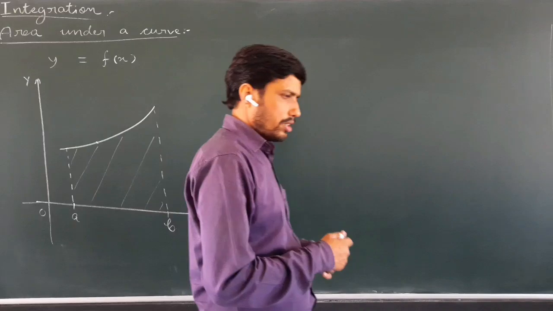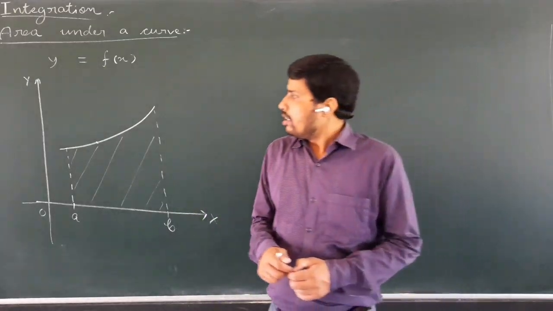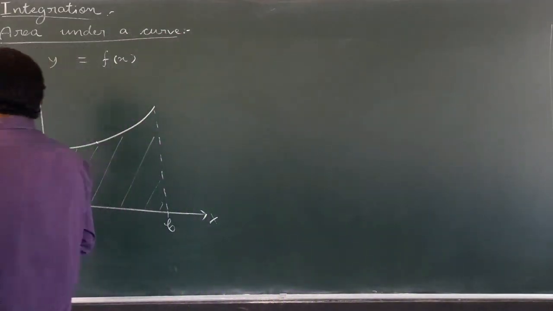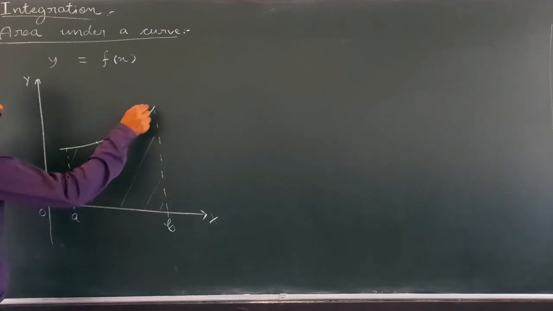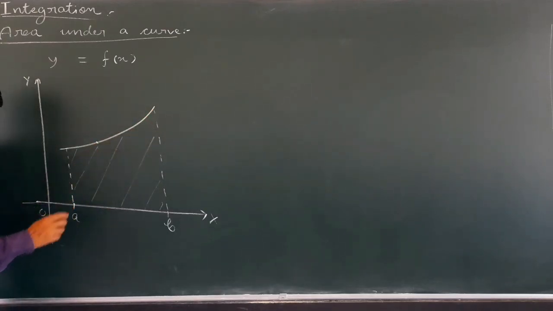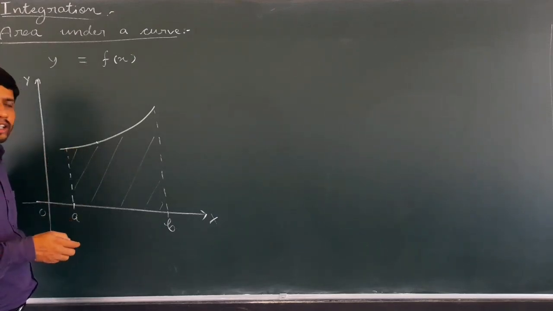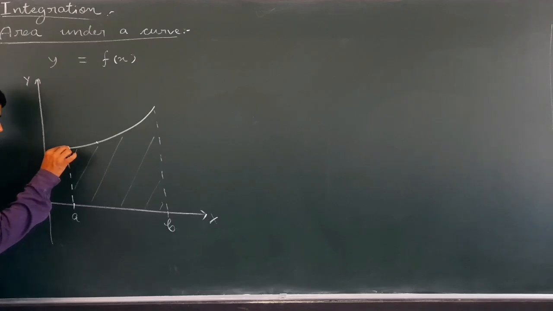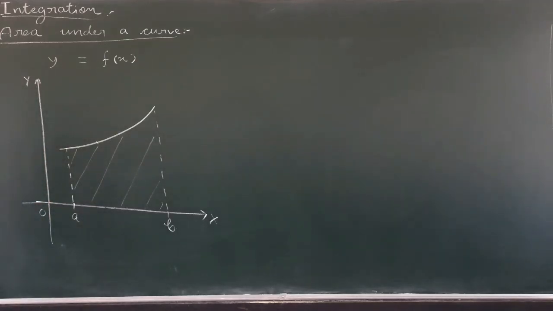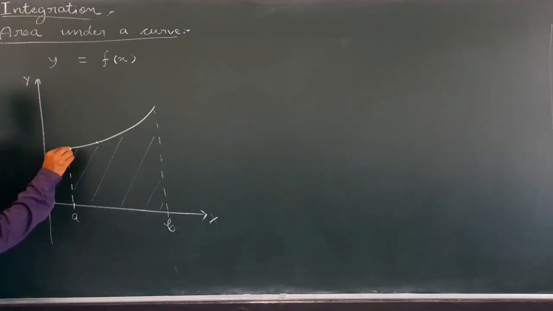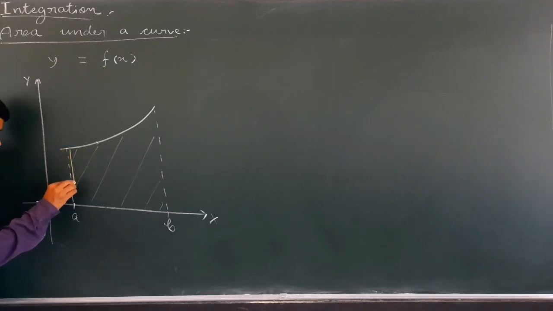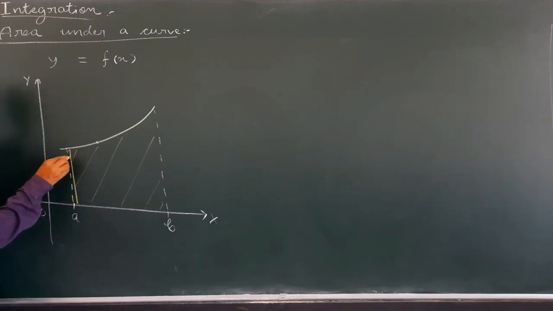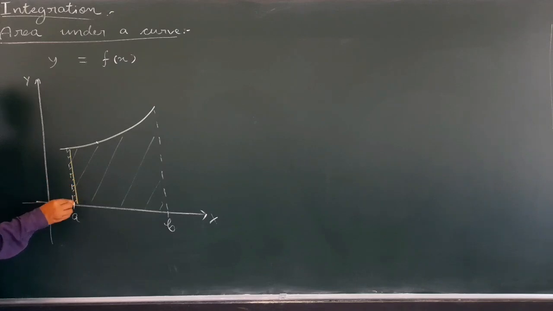Now how do we do that? The trick lies in the fact that this region whose area we have to find, we shall divide it into very thin rectangular strips. So suppose here we have one strip like so. This is one strip starting from x is equal to a.